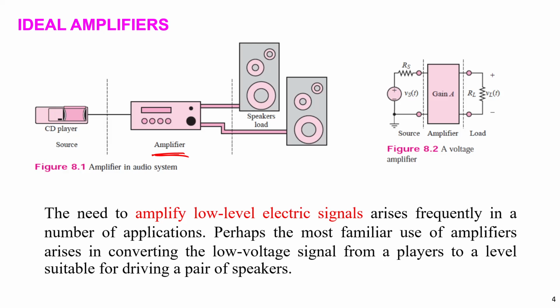And this is the circuit of an amplifier with gain A. If we have V in, the source with internal resistance, and the input voltage here, the output voltage will be the gain times V in. This is the property of this type of device.